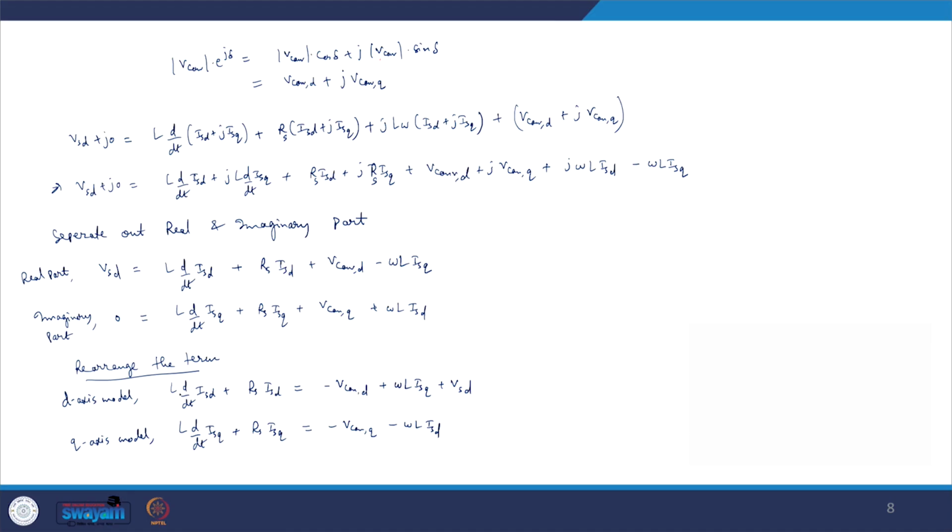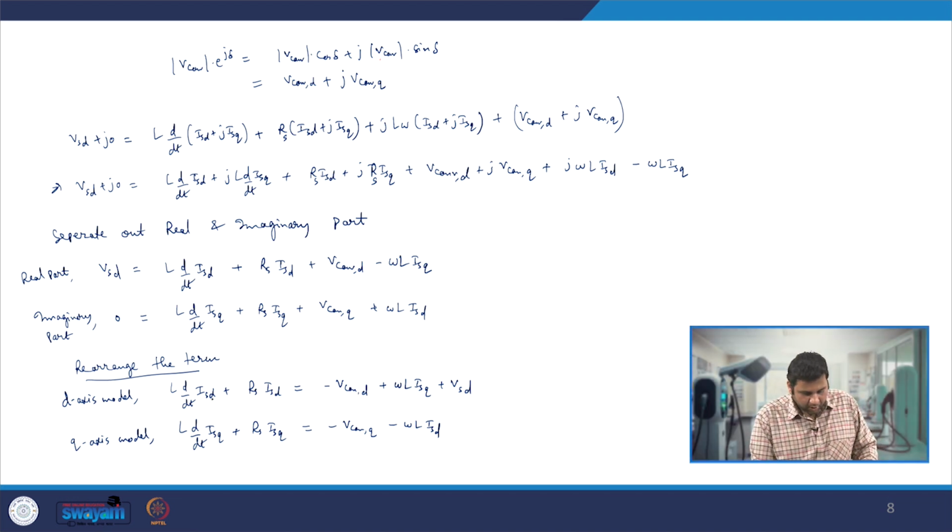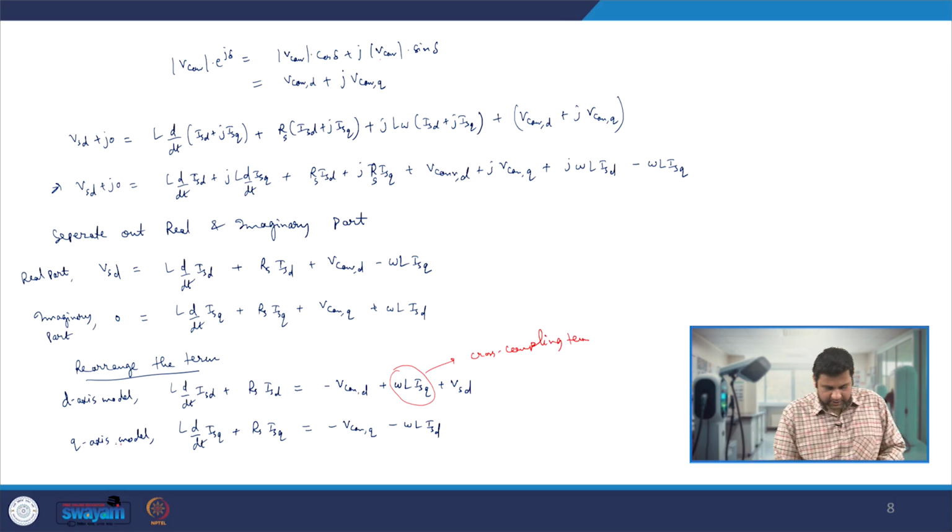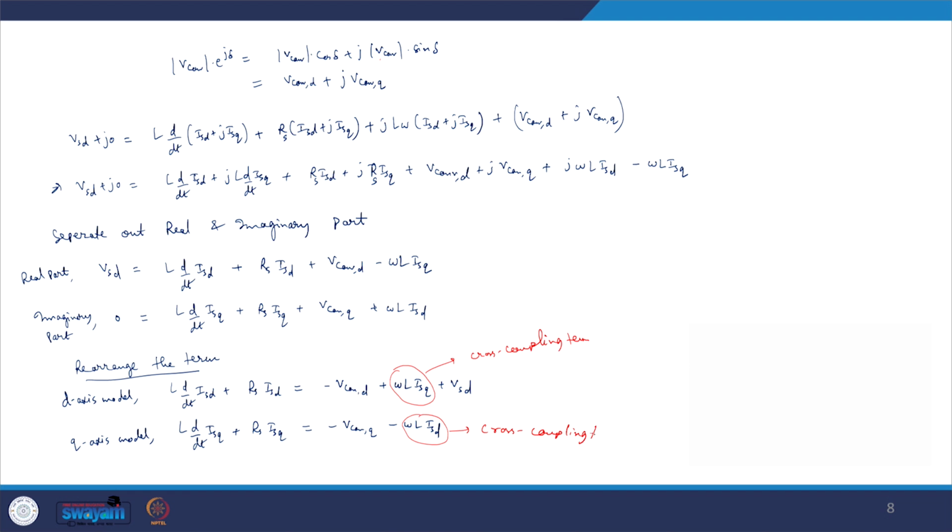Here we are applying the voltages across the L and RS, and what we see is that in the D axis model all the terms are D axis except one term, which is this one, and that is the cross coupling term. Similarly, in the Q axis model all the components are Q component except this term, which is the cross coupling term.